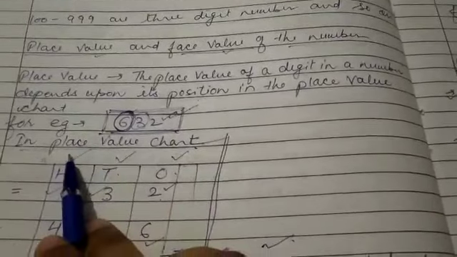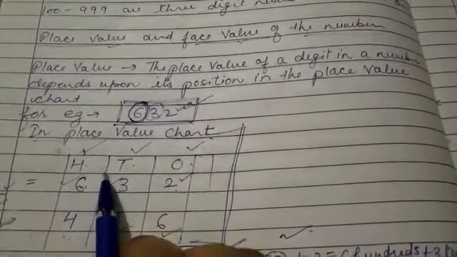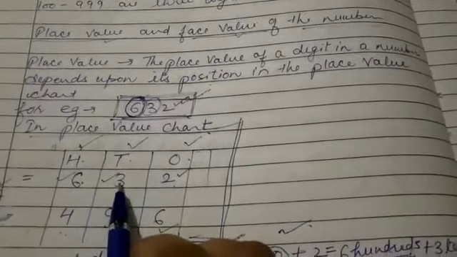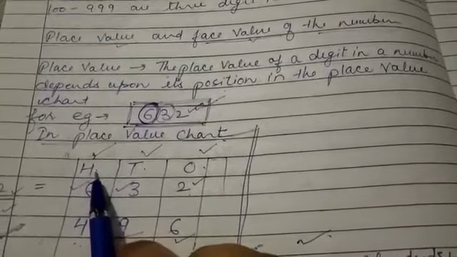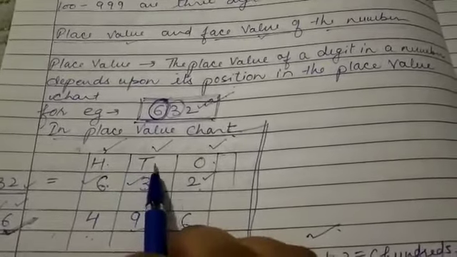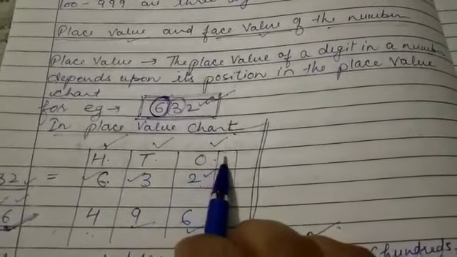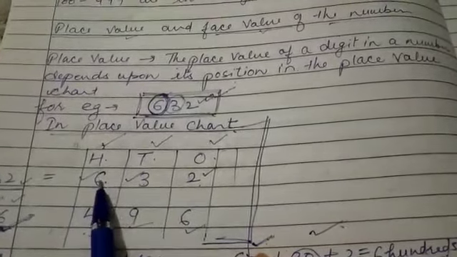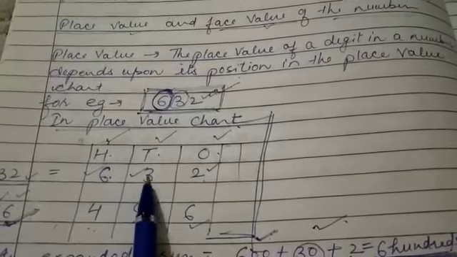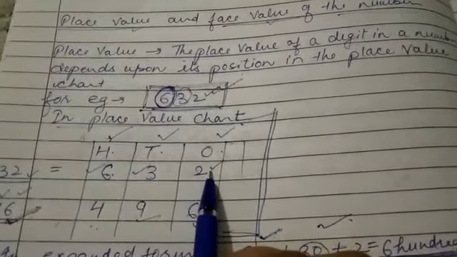In the place value chart, we represent it in a tabular form. H means hundreds, T means tens and O means ones. 632 means 6 at 100 place, 3 at 10th place and 2 at 1's place.